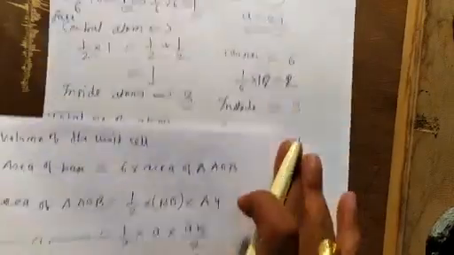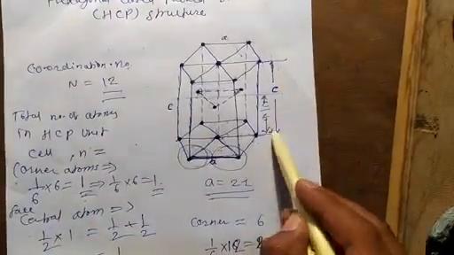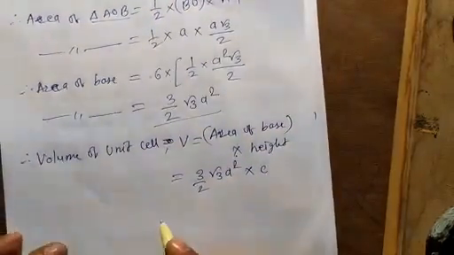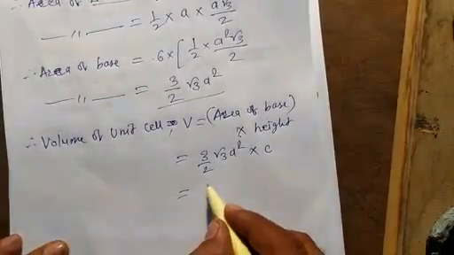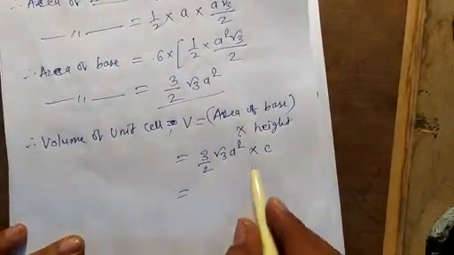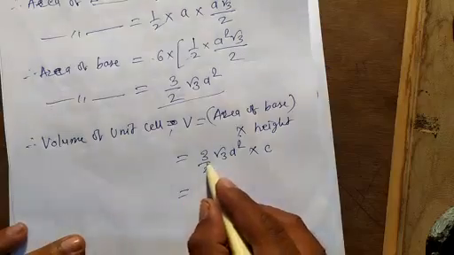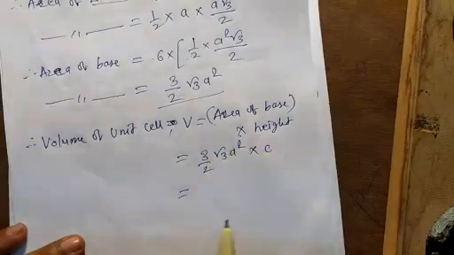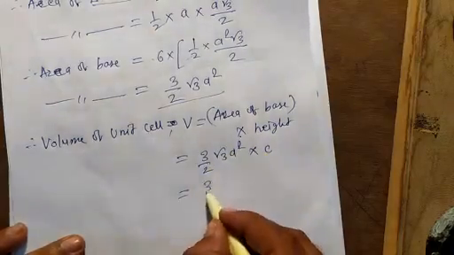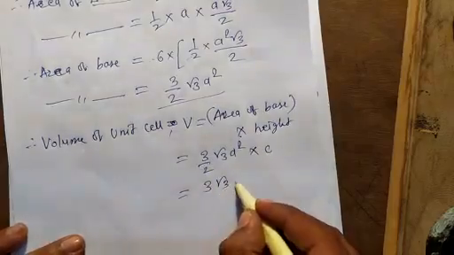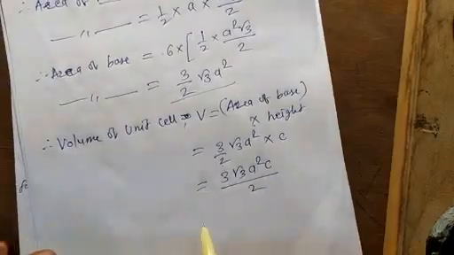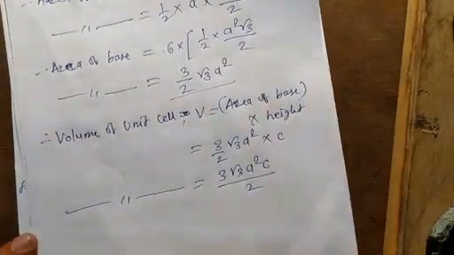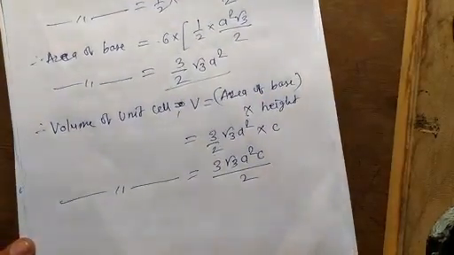What is the height? In this figure we have taken height equal to C. Therefore we get 3 root 3 A square C by 2. Okay, this is the volume of the unit cell.